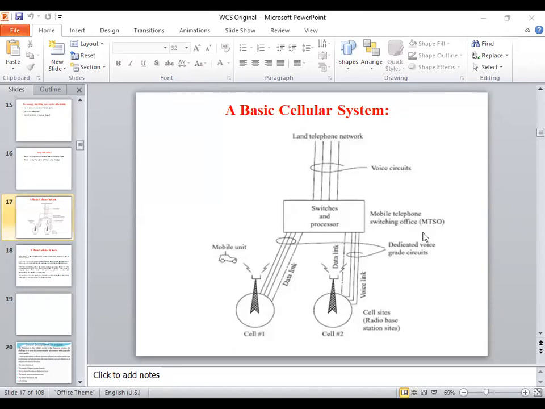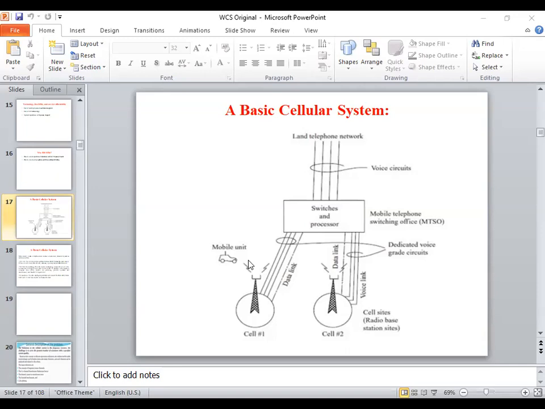Second is the cell site, and third is the mobile unit. So this is the cell site, and this is the mobile unit. Mobile unit, cell site, and MTSO are the three basic parts of a basic cellular system.